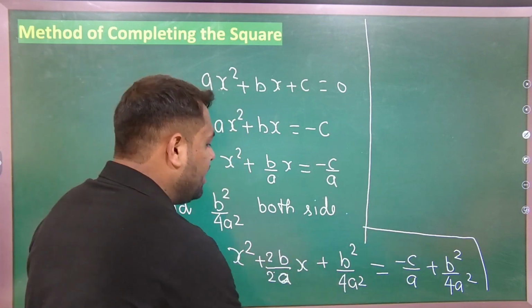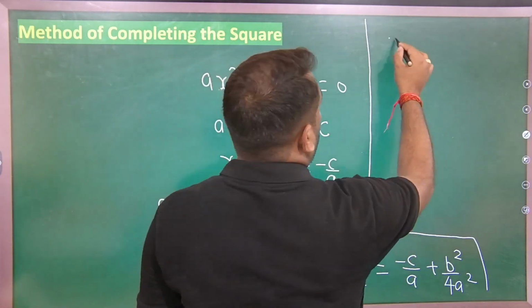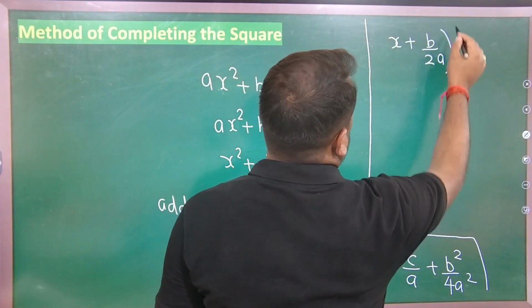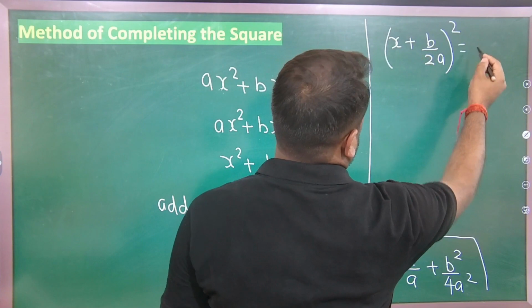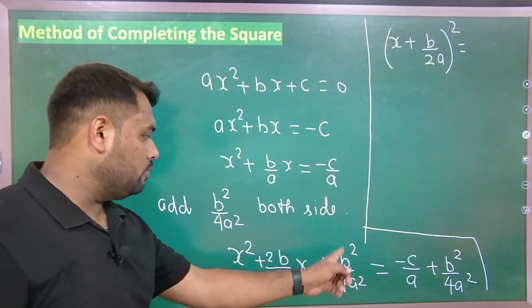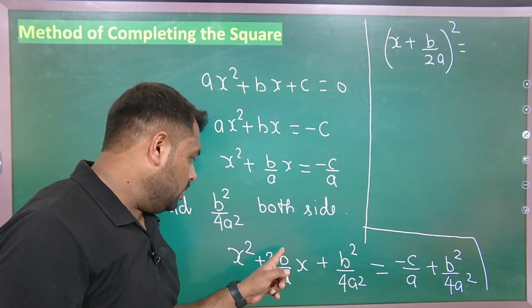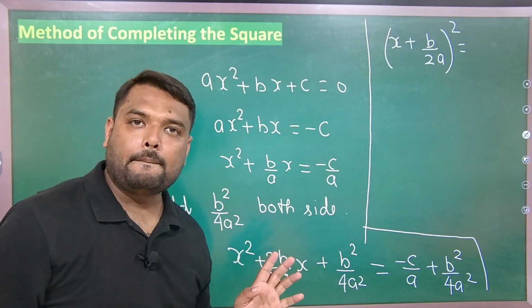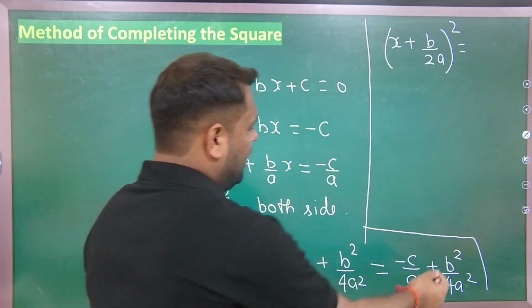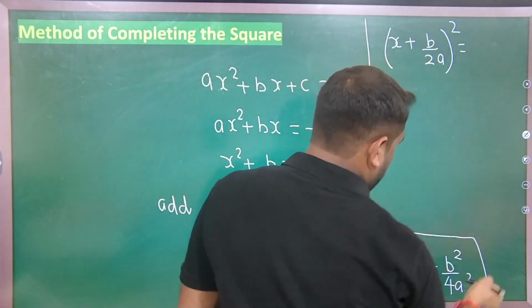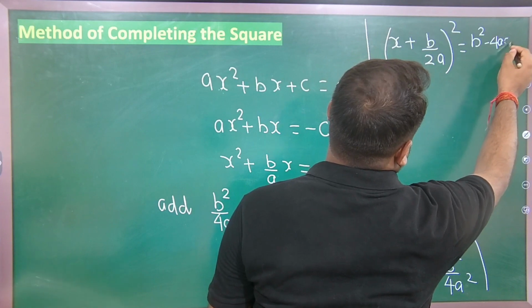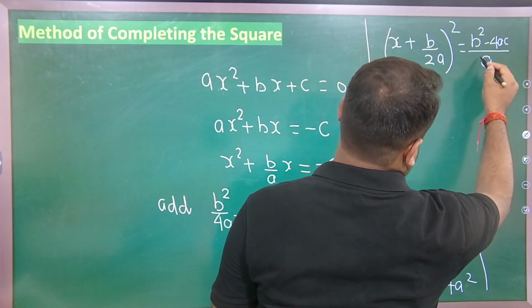Means we can write this expression as x plus b by 2a whole square. Okay, got the point? This is 2 into a means x and b means b by 2a. And here, if I take LCM, it will be b square minus 4ac upon 4a square.